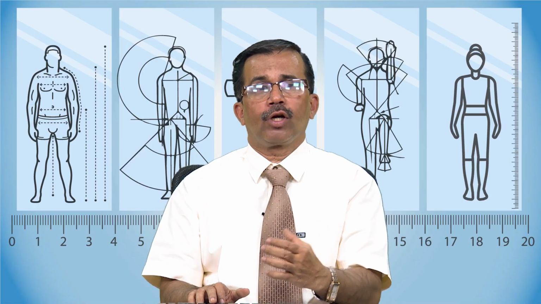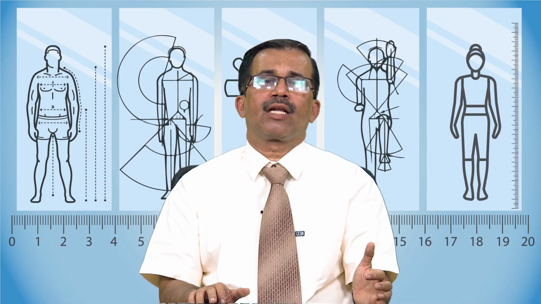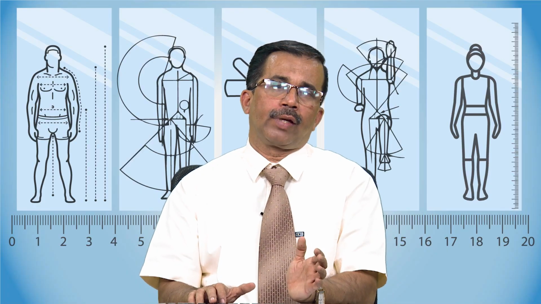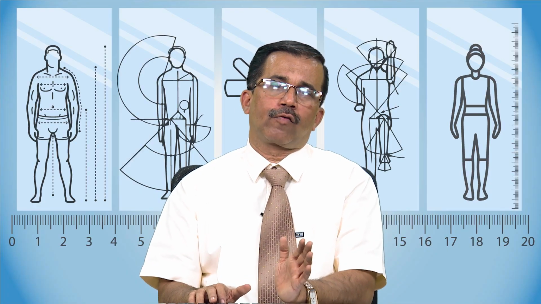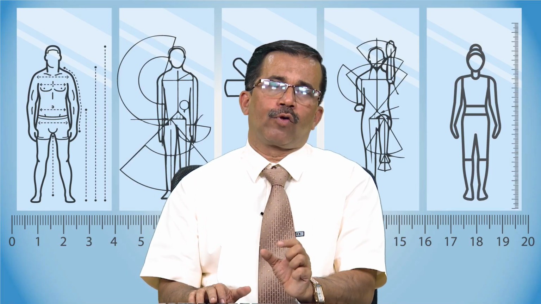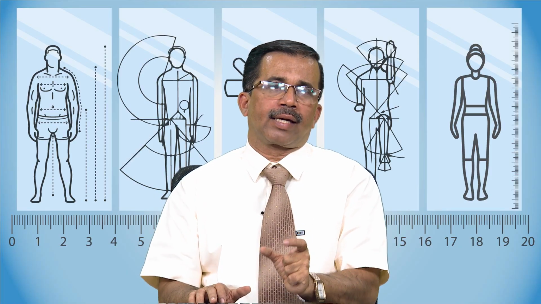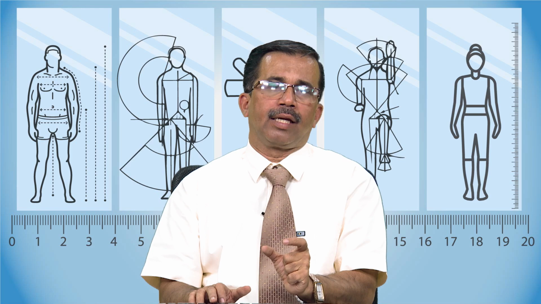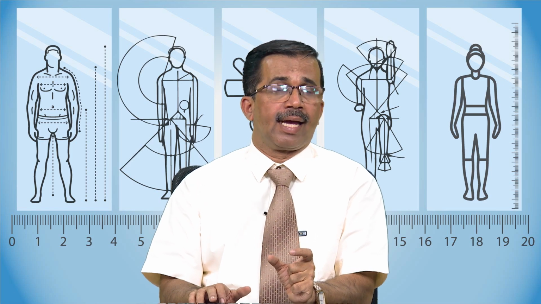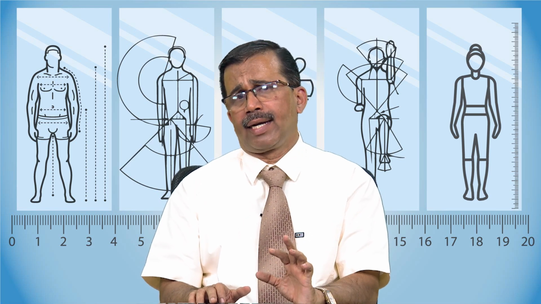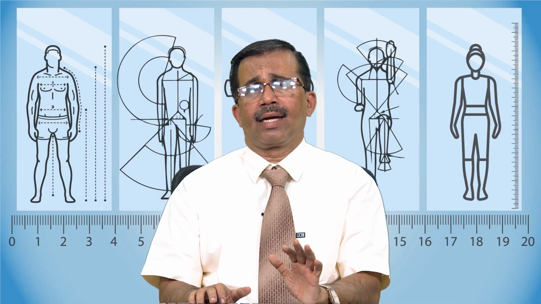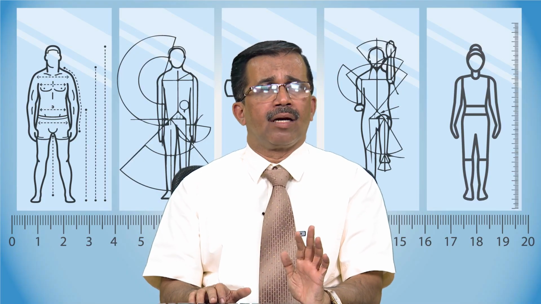Then we touched on severe malnutrition, under the category of Kwashiorkor and marasmus. The index is weight for height: if it is less than 70%, with or without bilateral edema, it can be categorized as severe malnutrition.